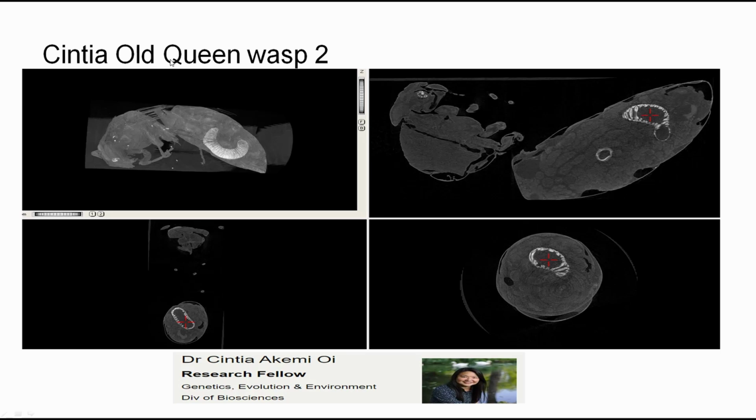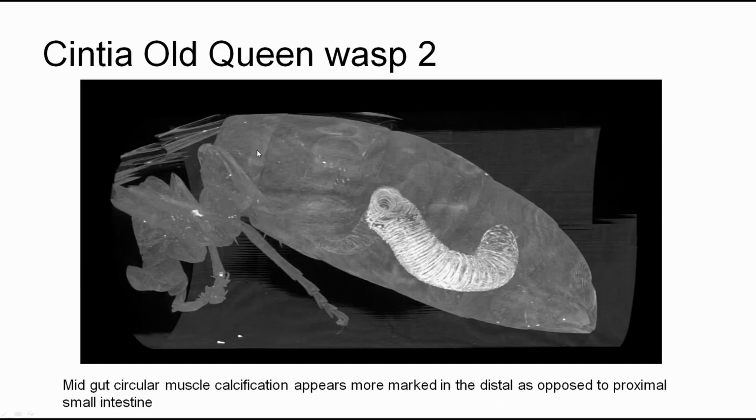This is the second of Cynthia's old queen wasps, who again showed the identical appearance. Again, the calcification, in other words the whiteness, the radiopacity, was greater in the distal than the proximal midgut, which goes right up to where it joins with the crop.